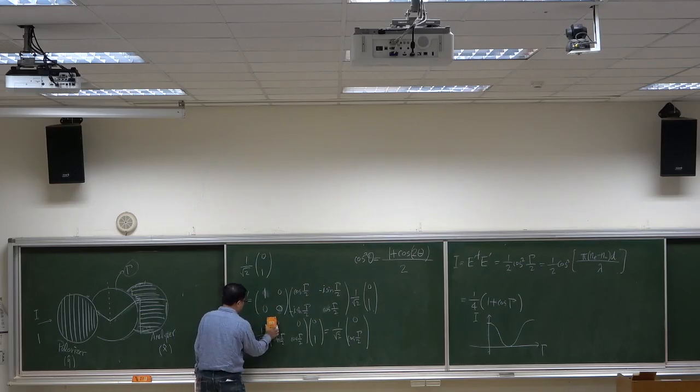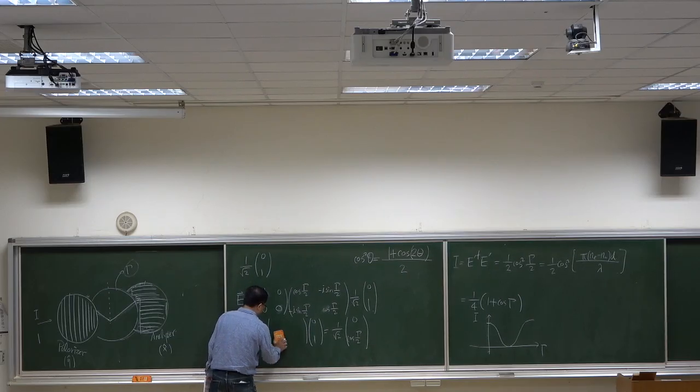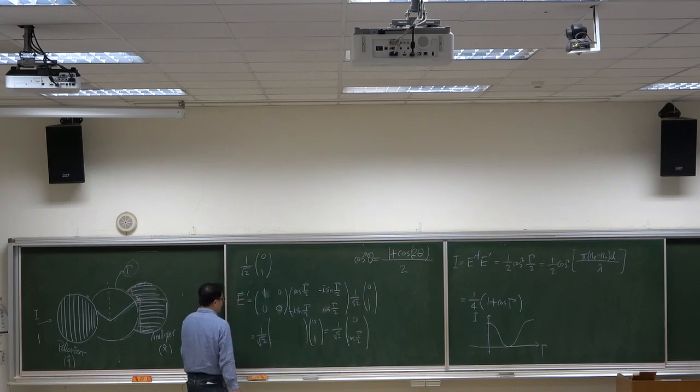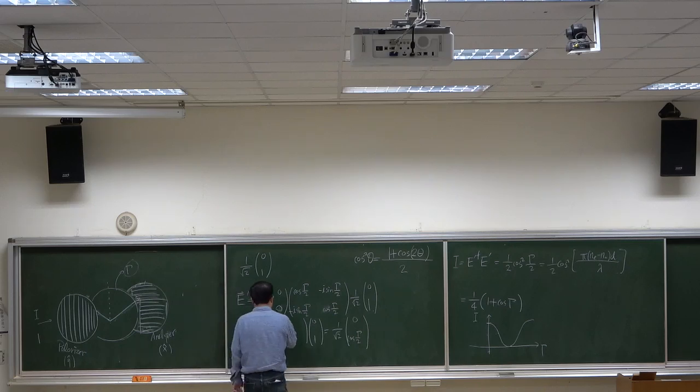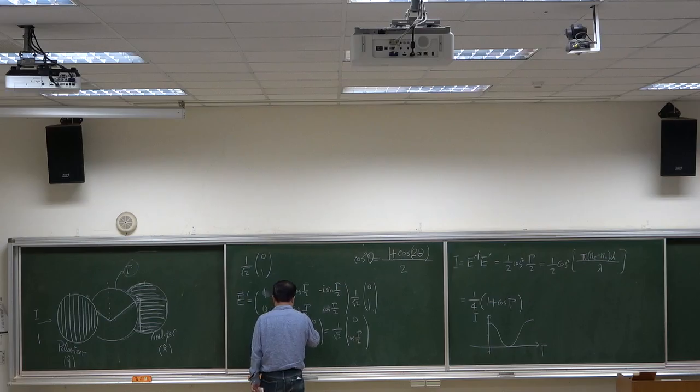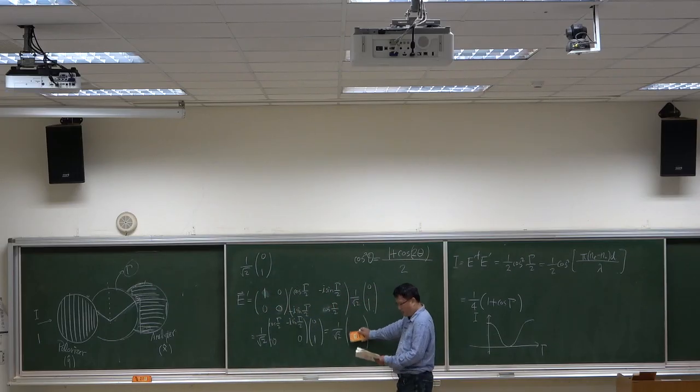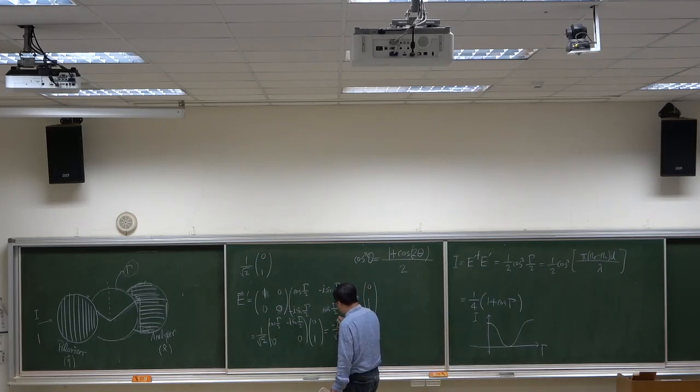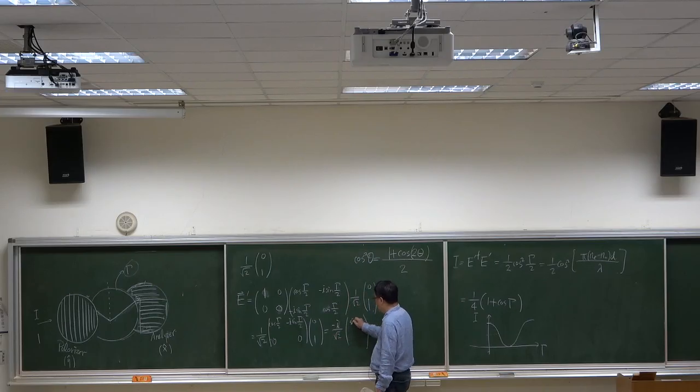And this is equal to cosine half gamma, minus I sine half gamma, 0, 0. And here we have minus I sine half gamma, 0.